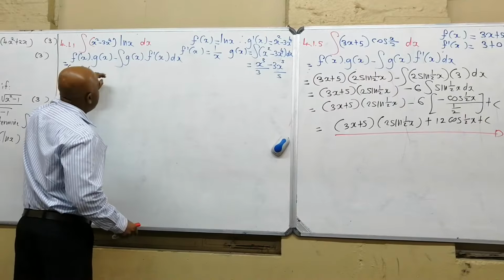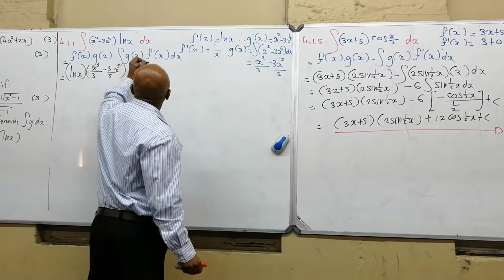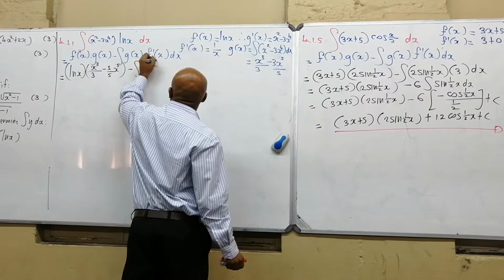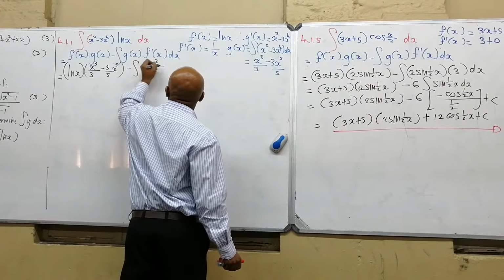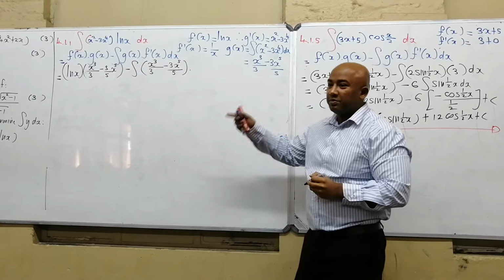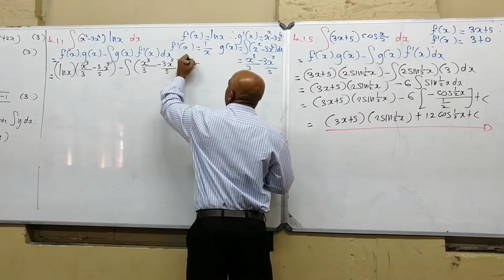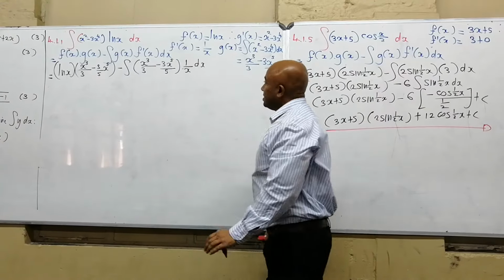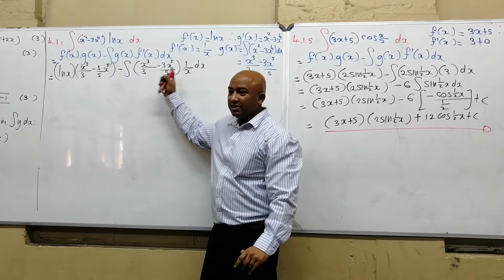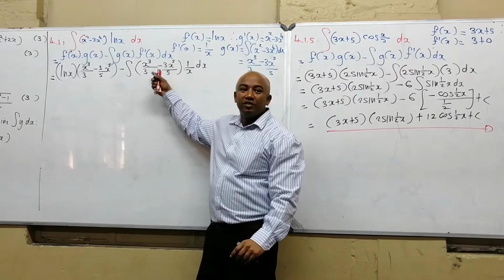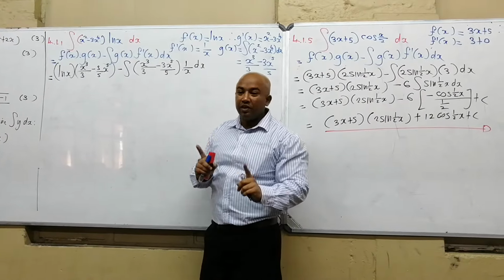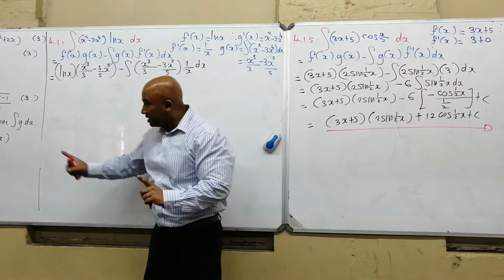And it's f of x, g of x minus the integral of g of x, which is x cubed over 3 minus 3x to the power 5 over 5, times f prime x here, which is 1 over x. So, what are we going to do here now? We need to remove these brackets here and simplify using our exponent laws. This is like how we simplify this example here.